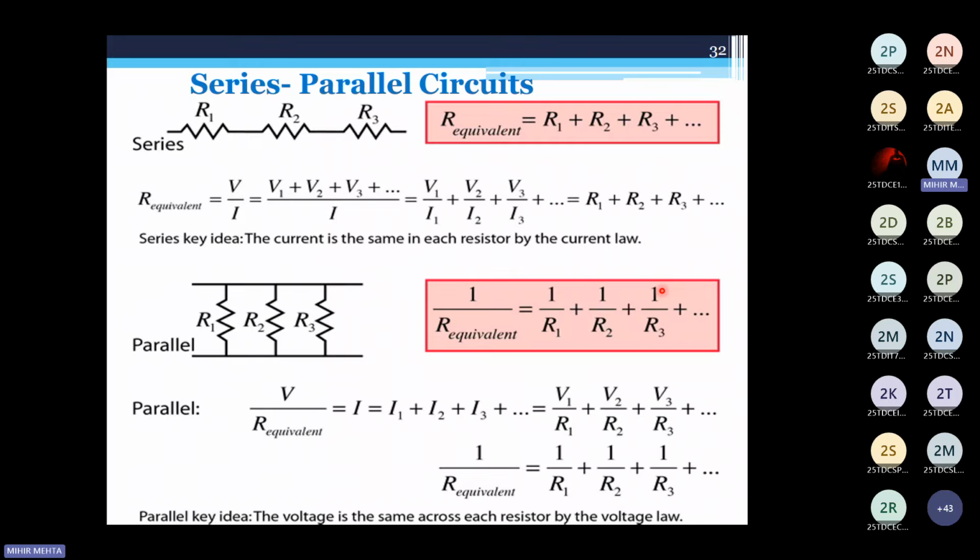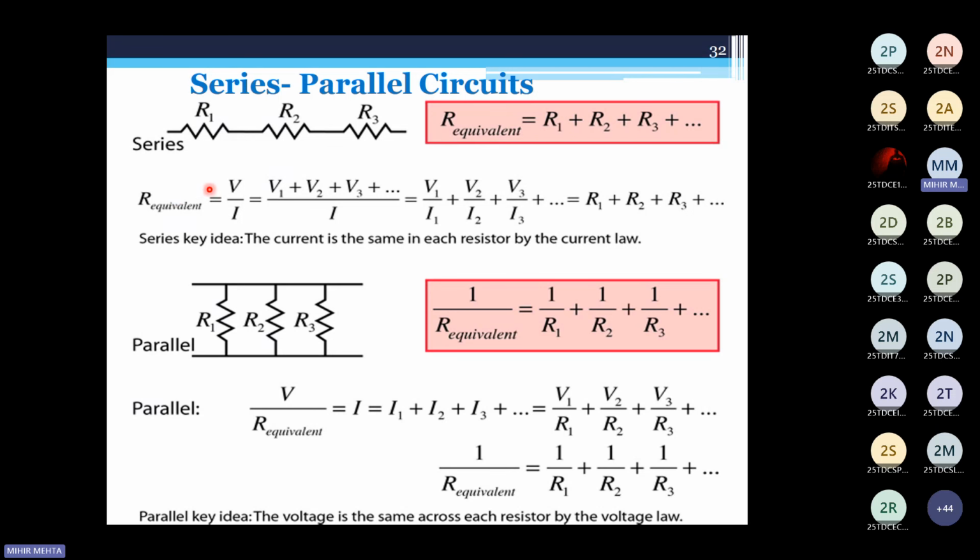So now next we'll move to your simple series and parallel combination. This is something that you have already studied in your previous standards. If your resistances are in series, the equivalent resistance is simply adding all these three resistances. If you have n number of resistances, you will add all those n resistances and you will get your equivalent resistance. If they are in series, the current flowing through the resistances would be the same.